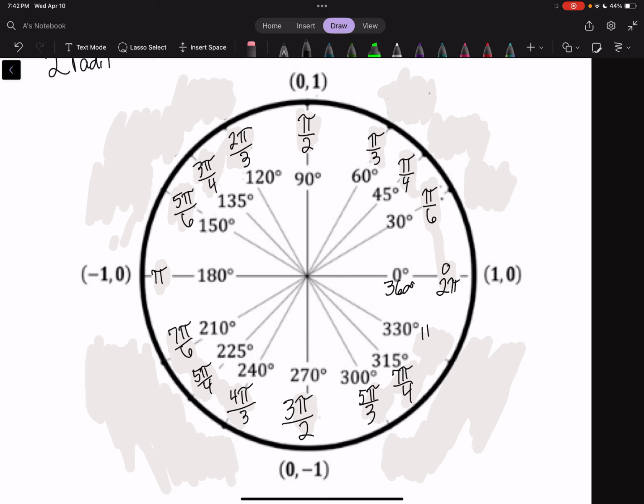And lastly, 11 pi over 6. Okay? Those are the radian conversions for your degree measurements. That's how you can divide the unit circle.